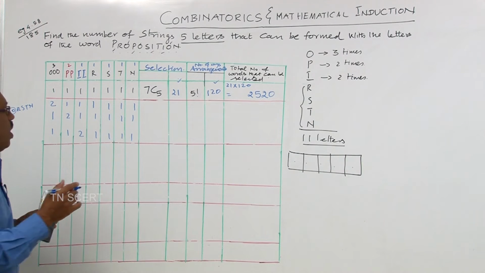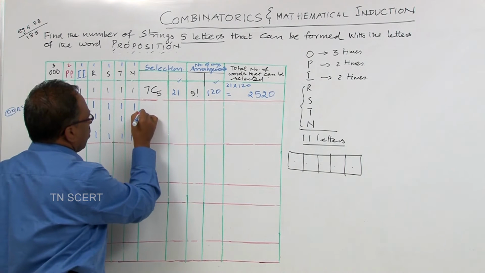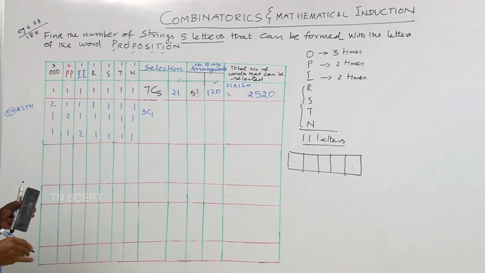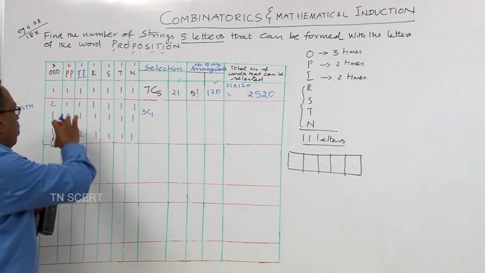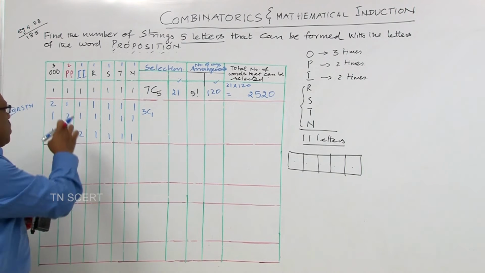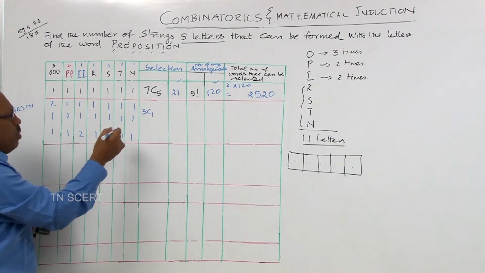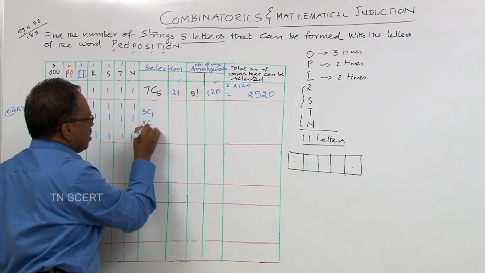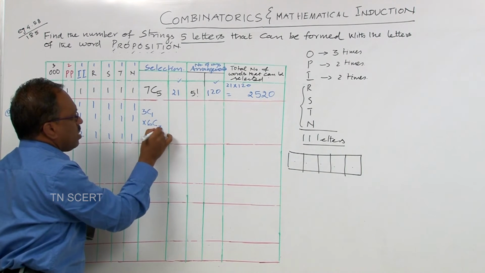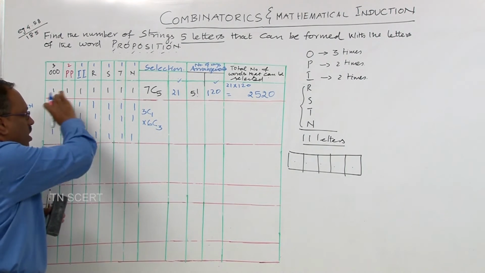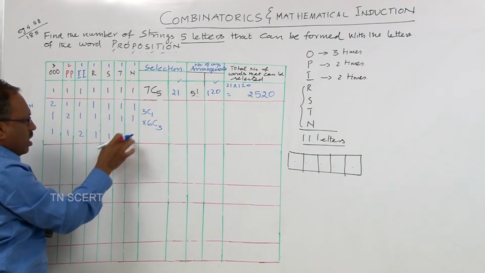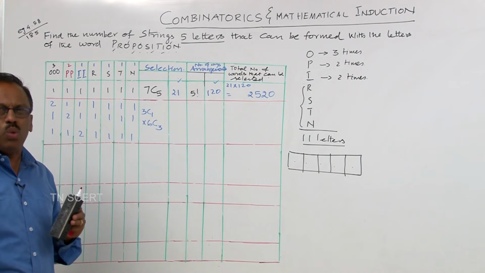That is the first part, it is nothing but 3C1. Remember that. So out of these 3 possibilities, 1 can be chosen. And these 2 letters combine in how many ways? It comes as 6.